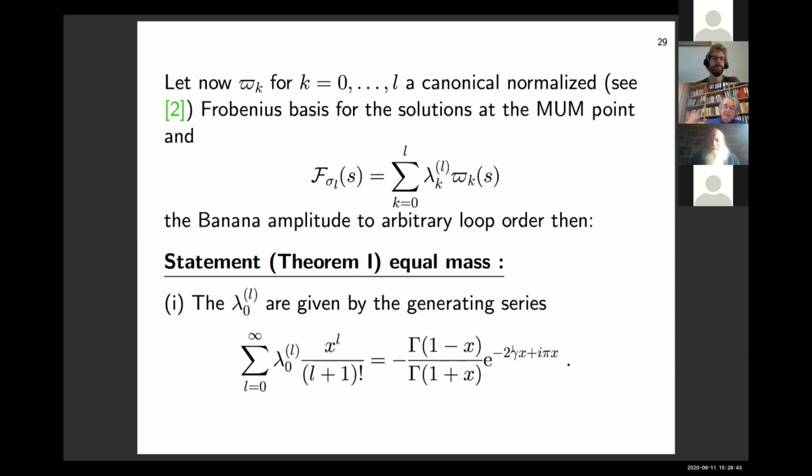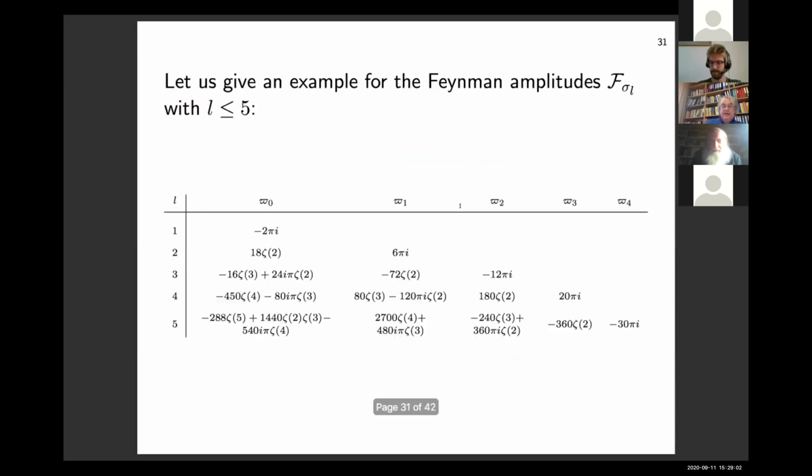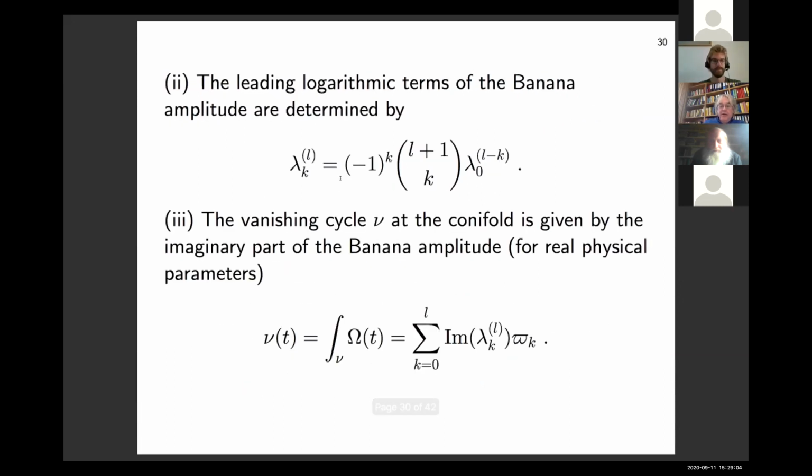This is called the regularized gamma function, because you don't want to see all these Euler-Mascheroni constants. And then you expand it, and that gives you these coefficients which come with the holomorphic solution. Then you ask yourself what comes with the first logarithmic, the second logarithmic, and the third logarithmic. And the answer is, again, very simple in this theorem. It's just given in the following way.